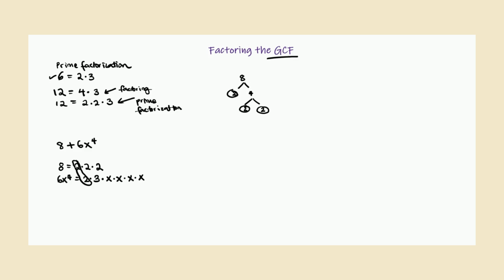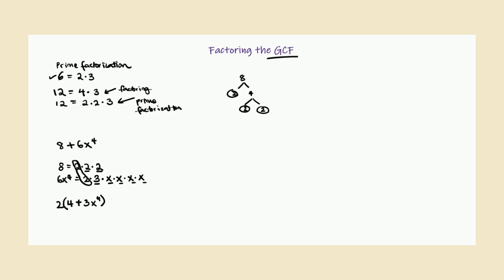So when we're factoring, we're going to take the 2 out, because that's what they have in common. And what's left in 8 is 2 times 2, which is 4, plus what's left of 6x to the 4th is 3x to the 4th. And this is how we would factor out the GCF.